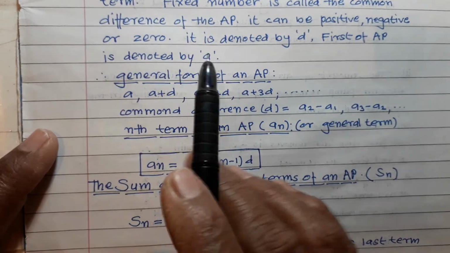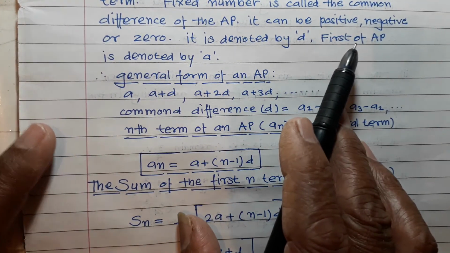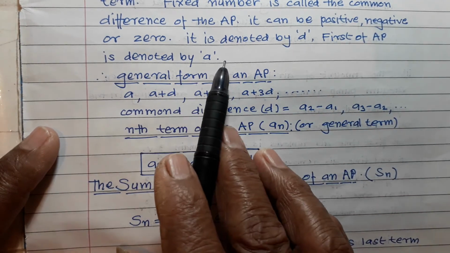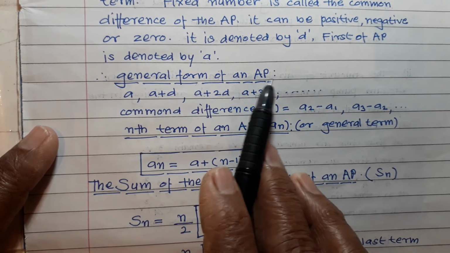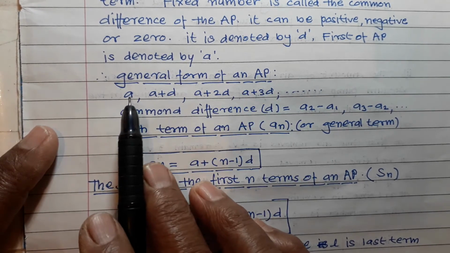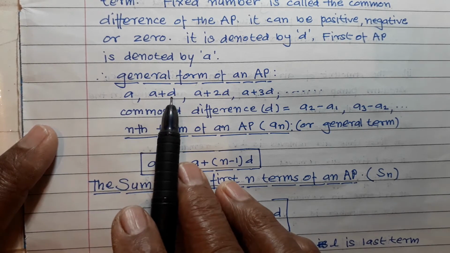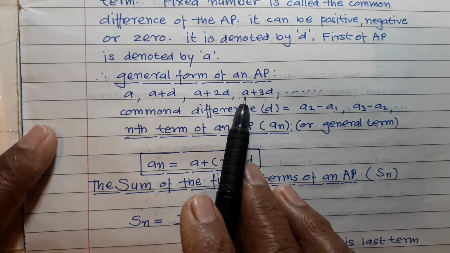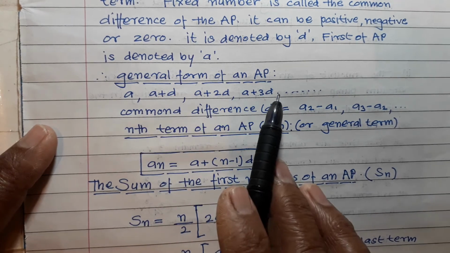And now the common difference is denoted by D. The first term of an AP is denoted by A, and therefore the general form of an AP is: first term A, second term A plus D, third term A plus 2D, fourth term A plus 3D. Observe this properly.